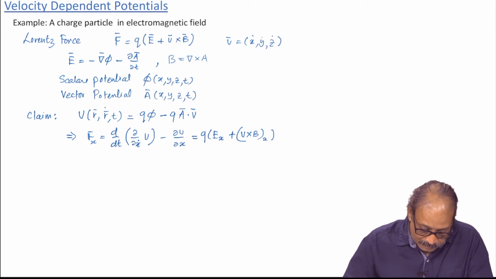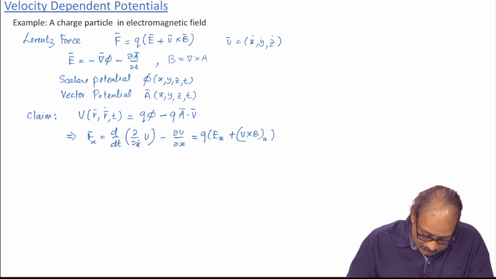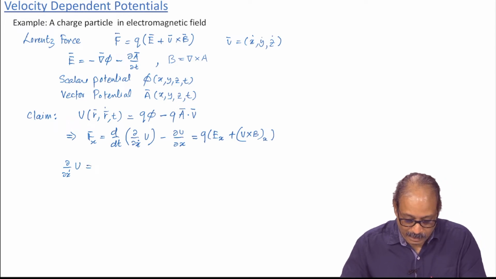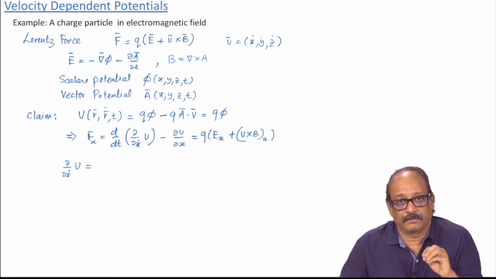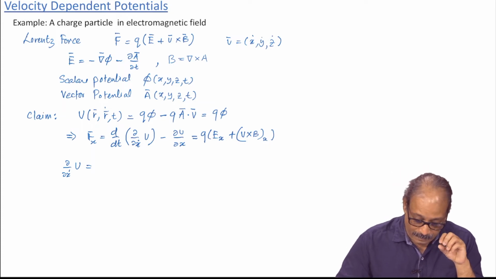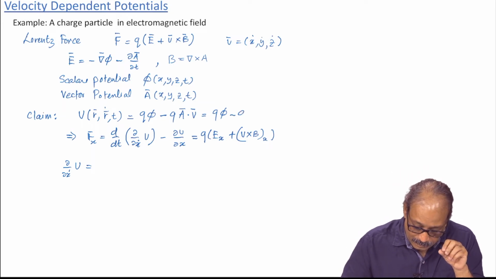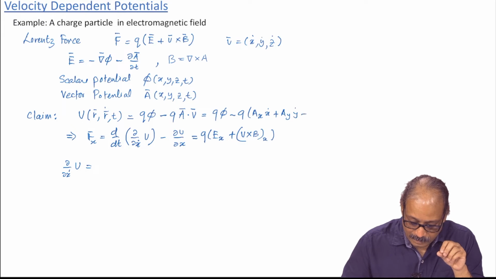So, I will start with the first term. If I calculate del over del x dot of U, remember U has q phi. This is nothing but q phi, remember phi is only a function of x, y, z and t, minus q times A x x dot plus A y y dot plus A z z dot.